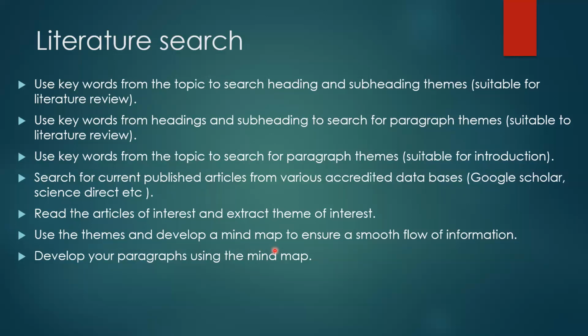That is the way to write. In that way, you ensure a smooth flow of information. Then you develop your paragraph using a mind map. A mind map is a must. Anyone who attempts to write without using a mind map is deceiving yourself.